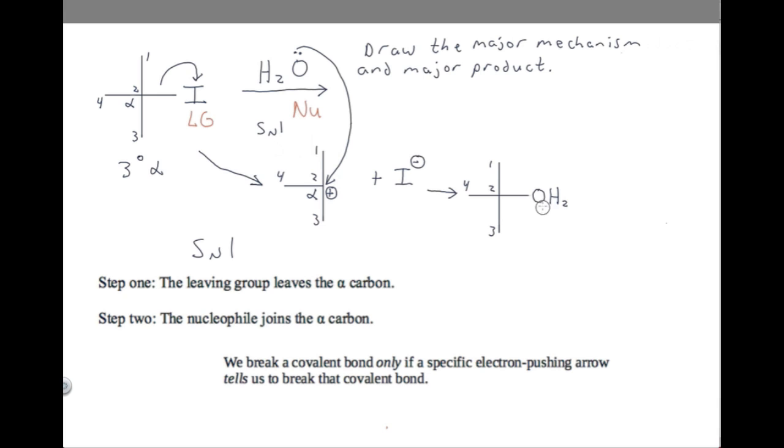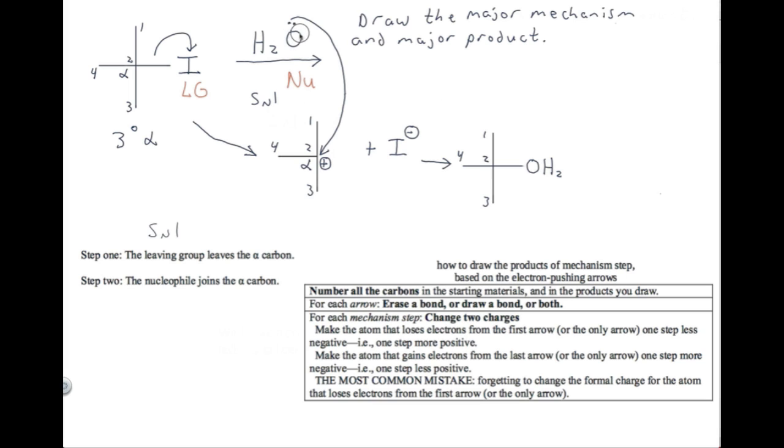Now, the most important part of this picture to get right is the formal charges. This oxygen is at the beginning of the series of arrows, so this oxygen has to change its charge. This oxygen is losing electrons from the first arrow.